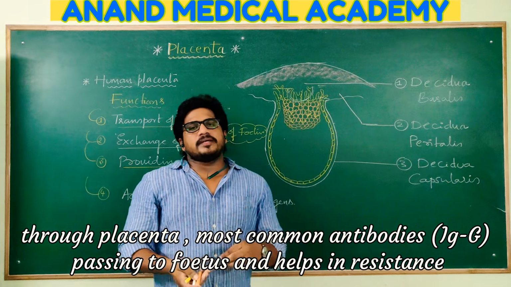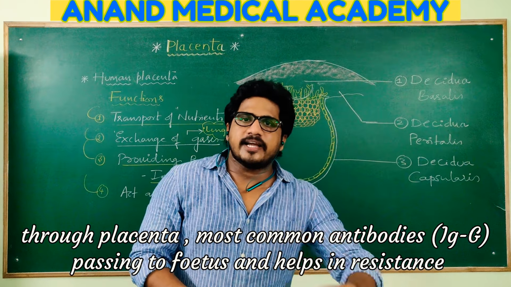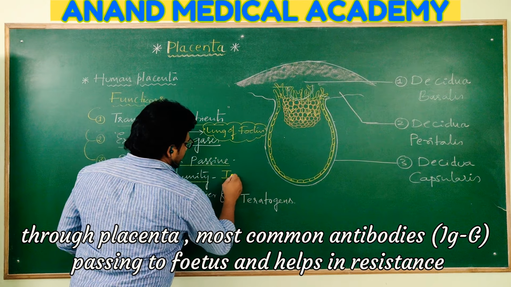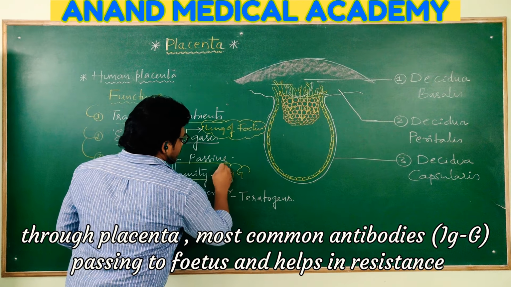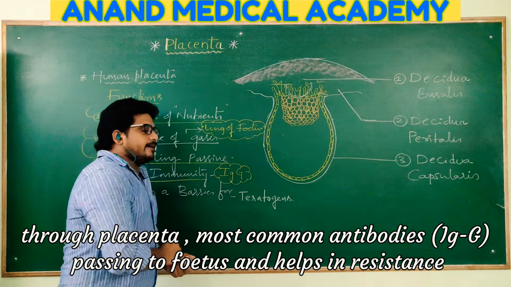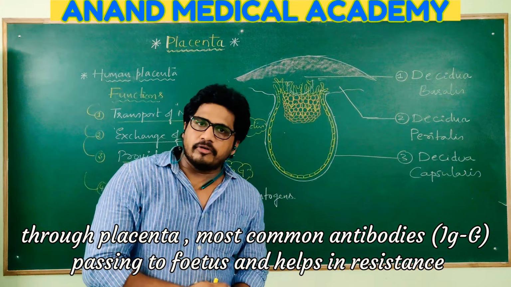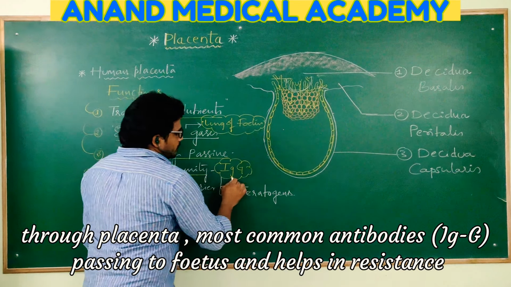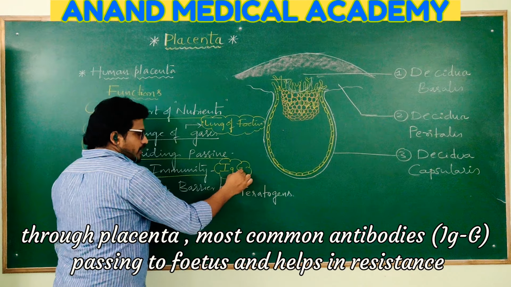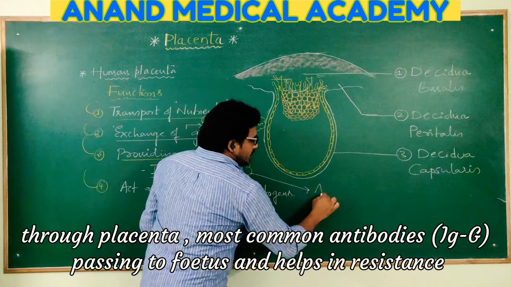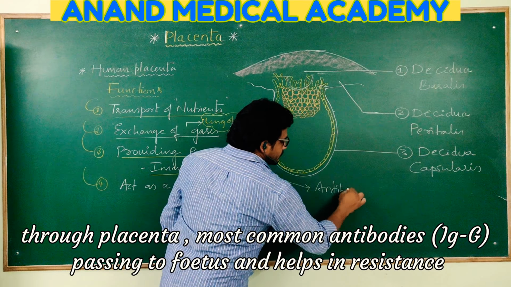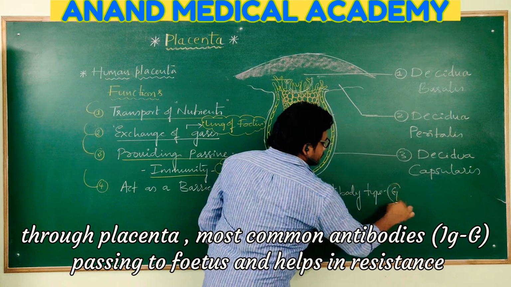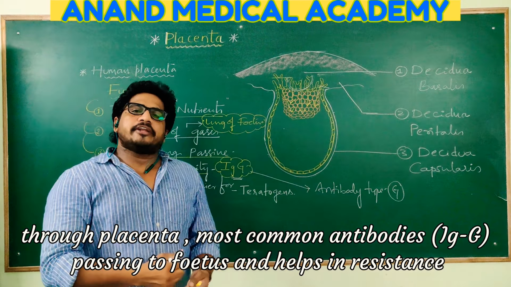So without placenta there is no baby. The placenta is providing immunoglobulin G, IgG. In Human Health and Disease, we come to know the structure of antibody and types of antibodies. So here, why I recall the antibodies means immunoglobulin G. It is also called antibody type G. There are 5 types of antibodies.